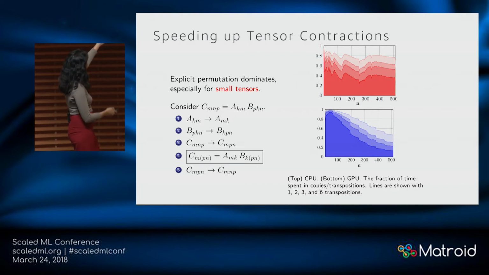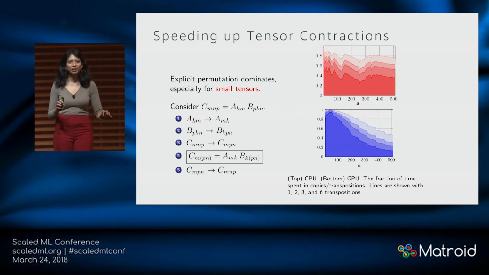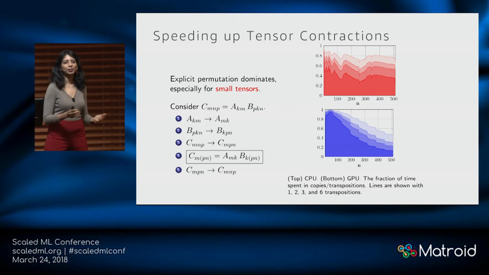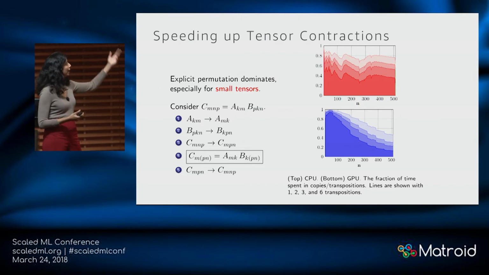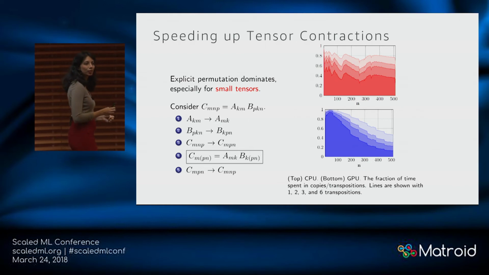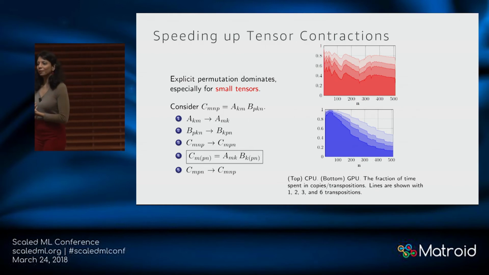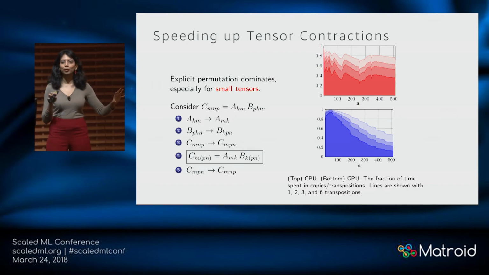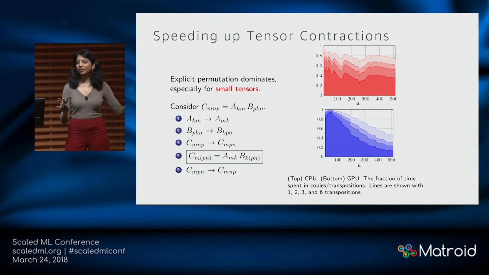The challenge is, of course, doing these steps of permutations. If you explicitly do the copy, this requires more memory and even more computation. In fact, a significant amount of the time can be spent just transposing these objects. And this is not something you want to do. For instance, if you ask for the transpose of a matrix, it's done in place.